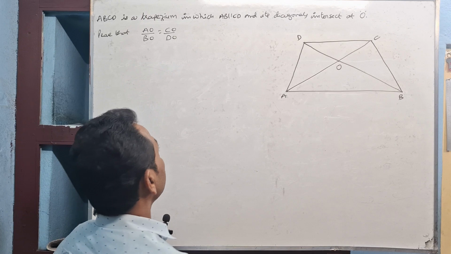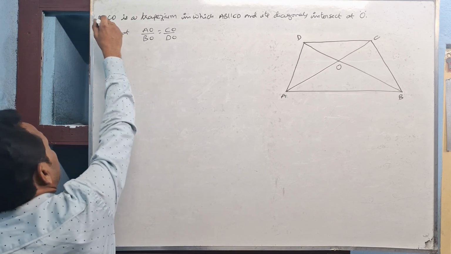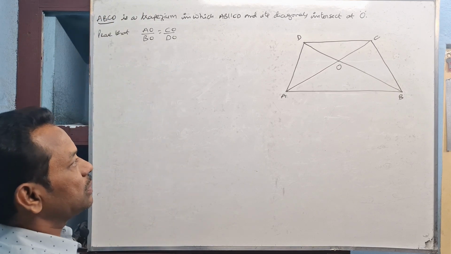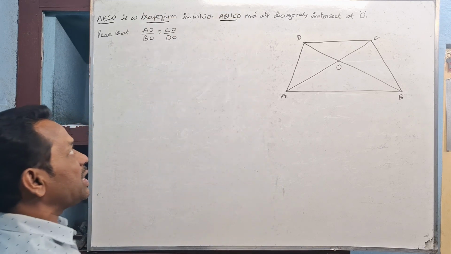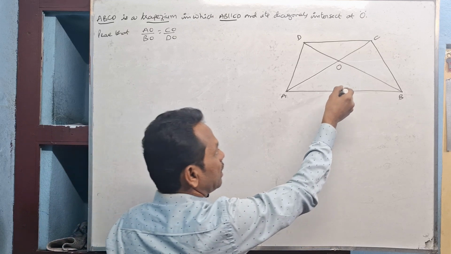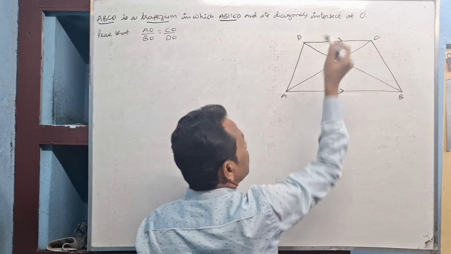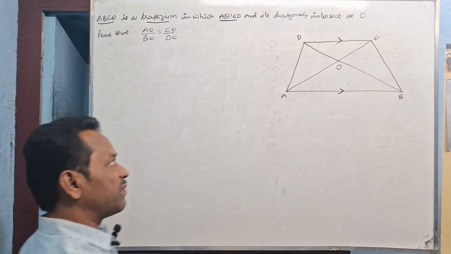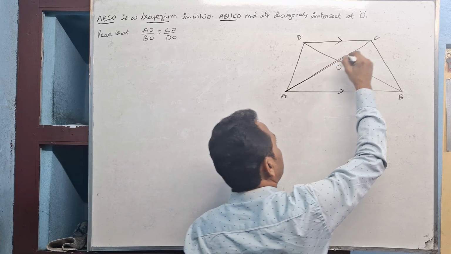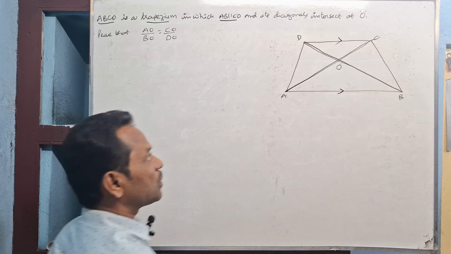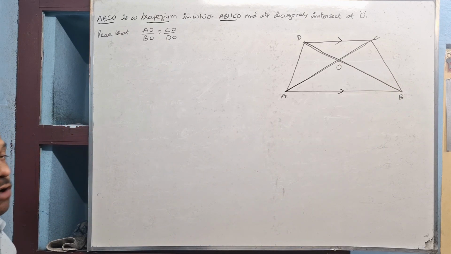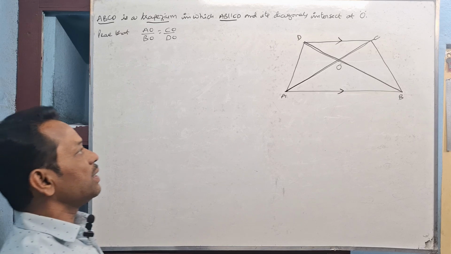In this question it is given that ABCD is a trapezium and AB is parallel to CD, and also given that the diagonals AC and BD intersect at O. We need to prove that AO by BO equal to CO by DO.